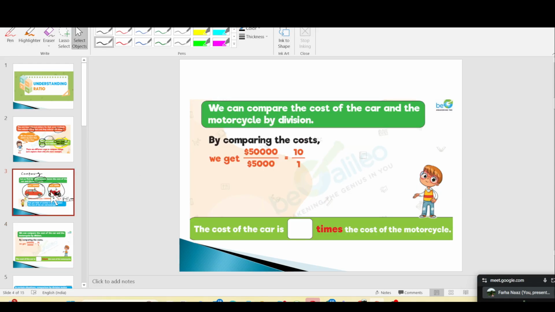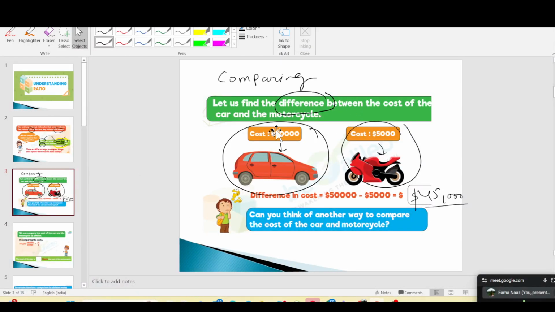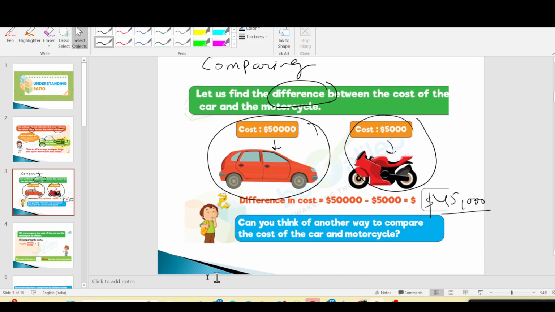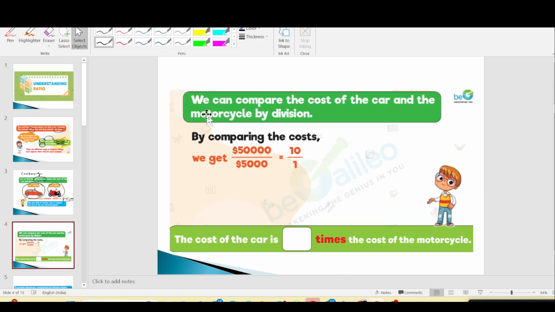But there is a better way of comparing the same thing. If I take the same example, I can compare it in a better way. How? Let's see. If I divide them, this is the cost of the car and this is the cost of the motorcycle.